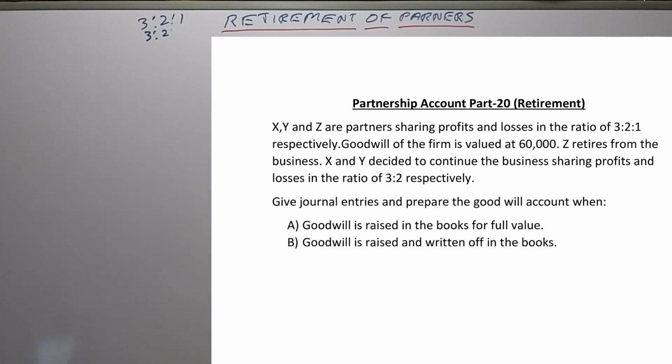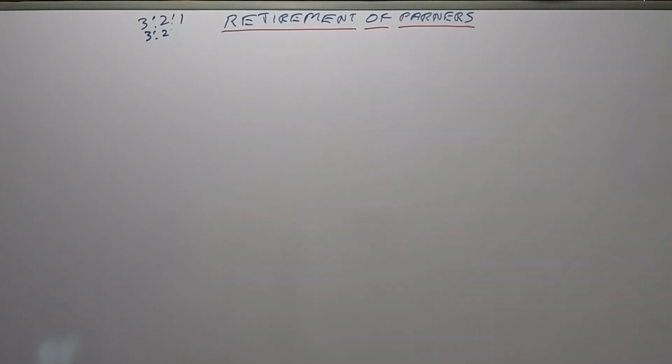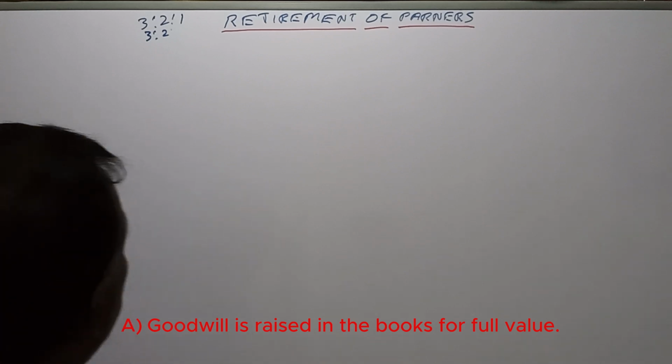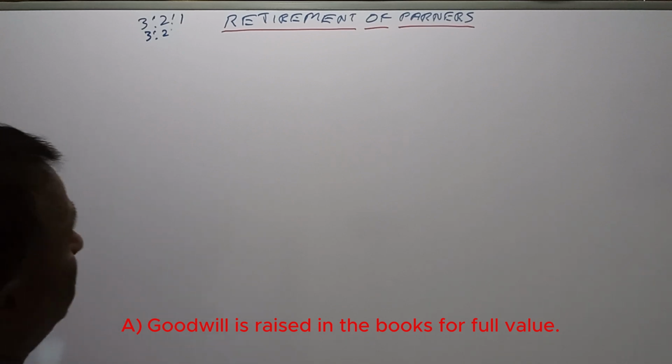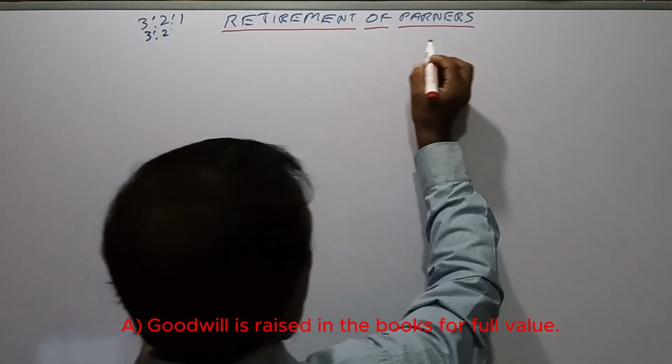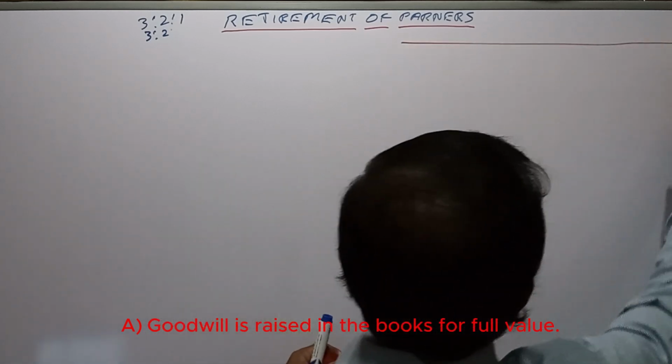So give the journal entries and prepare the goodwill account when goodwill is raised in the books for full value, right? So we have to open a partners' capital account and a goodwill account.